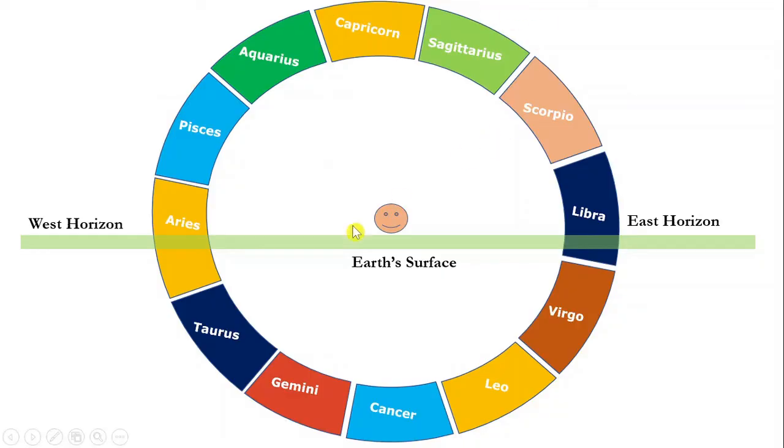So this is the Earth's surface, and the surface meets the sky at this point, and this point is known as the ascendant, and this ascendant is positioned in Libra sign.